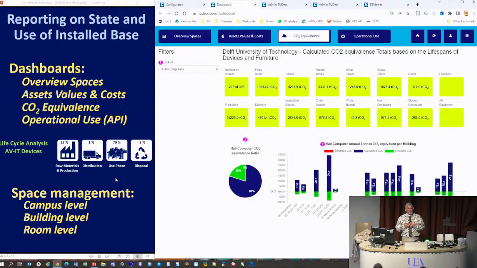But what is our share in that from the education spaces and all this equipment? If you have a projector, for instance, these are of course general figures. But we focus on the logistics at the beginning and the disposal at the end. That's what we do as universities in the Netherlands.